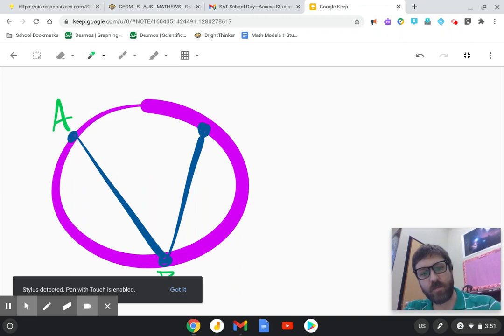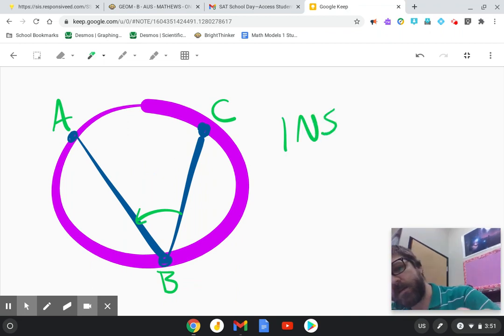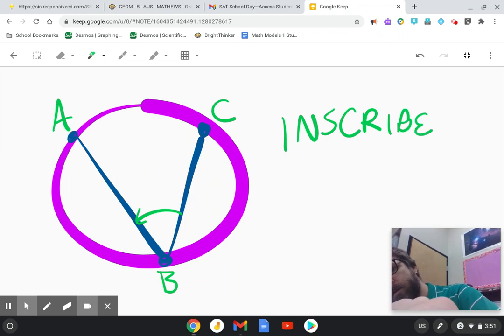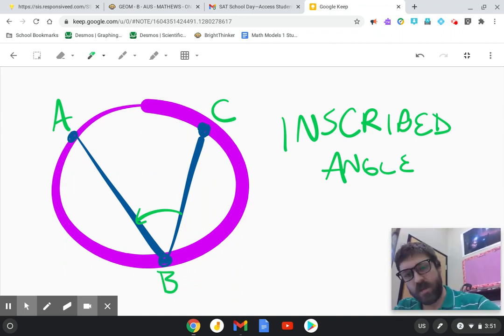If this is point A, point B, point C, this angle here is called an inscribed angle.